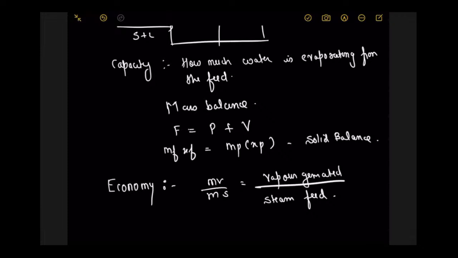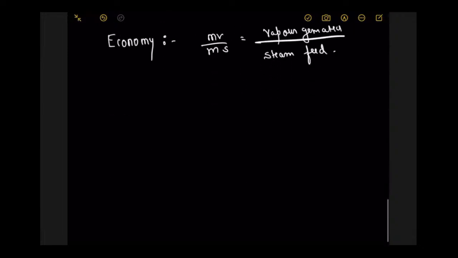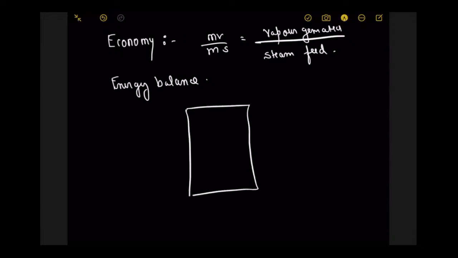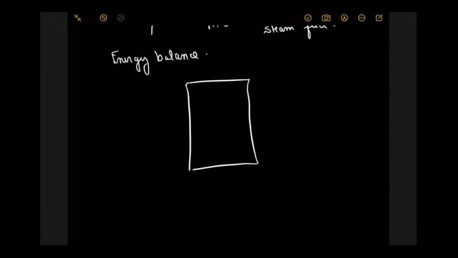So if we do the energy balance, it can be done here. Energy balance at the process side means how much heat we need.